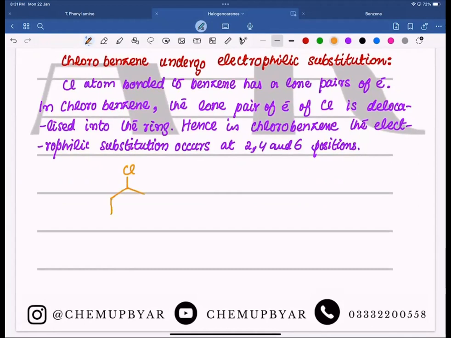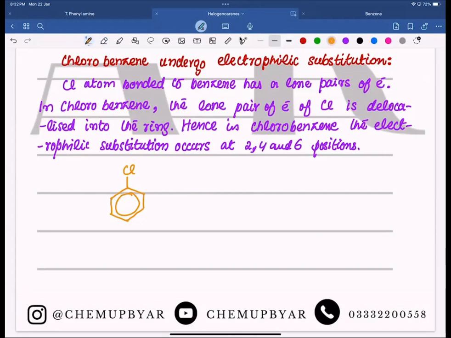But chlorine is highly electronegative and it is not bonded to any other atom, so that's why chlorobenzene also becomes less reactive than benzene as well. Phenol and phenylamine are more reactive than benzene, but chlorobenzene is less reactive than benzene due to its higher electronegativity.